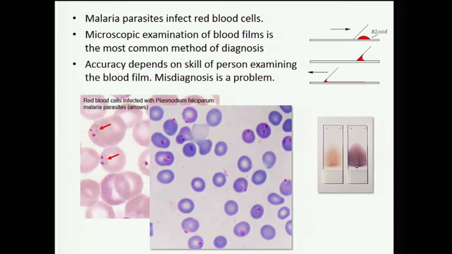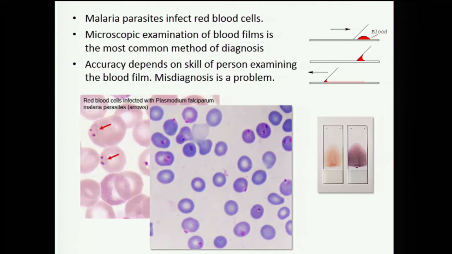So here you see what is visible under the microscope. You see these are red blood cells, and these are the parasites. These stained blobs here. If you look carefully, you see that they usually have a horseshoe shape because there's some cytoplasm visible under the microscope, which makes them easier to detect.